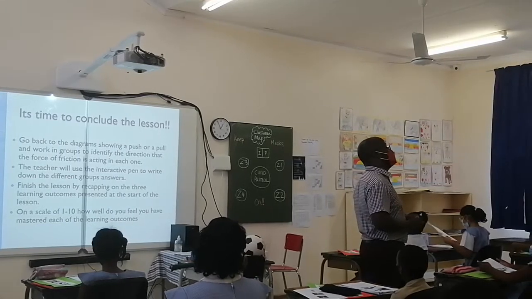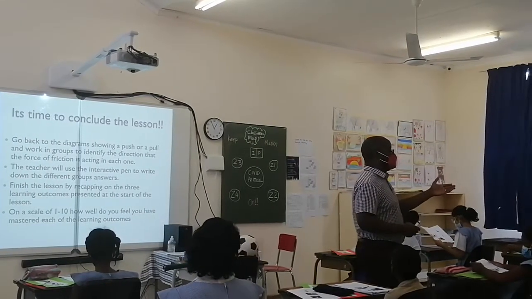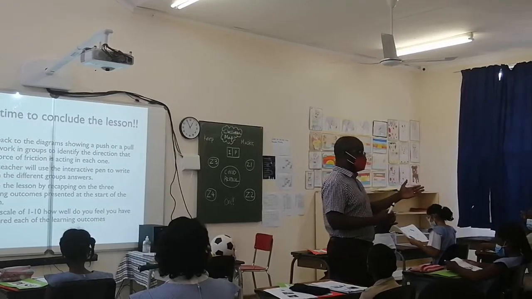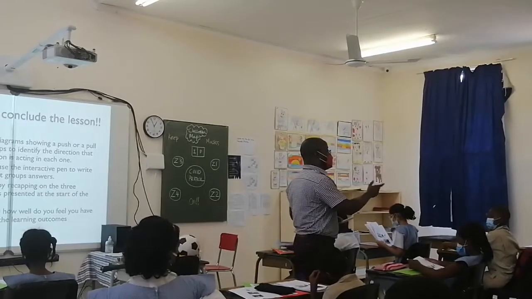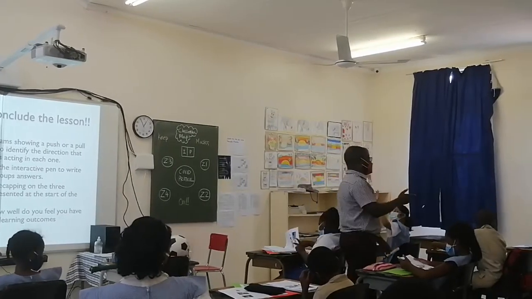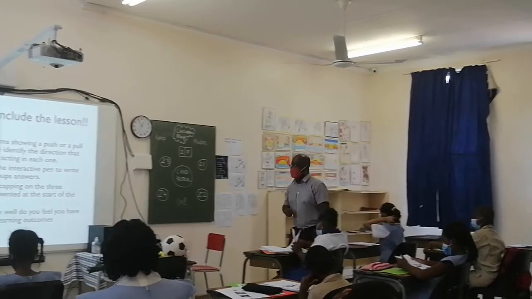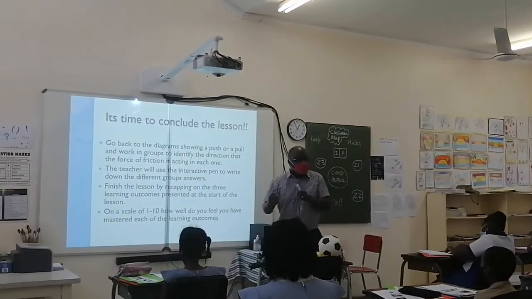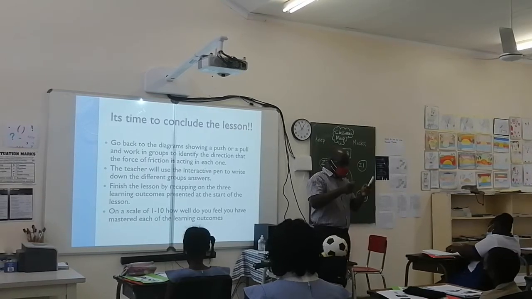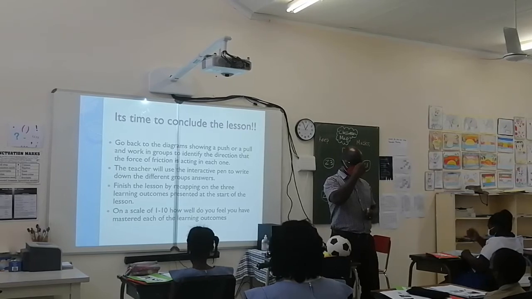It's a force, and what does it do to motion? Opposes motion. Well done. Okay, you recovered very well. So friction is a force that acts in the opposite direction to the main force that's acting on an object.